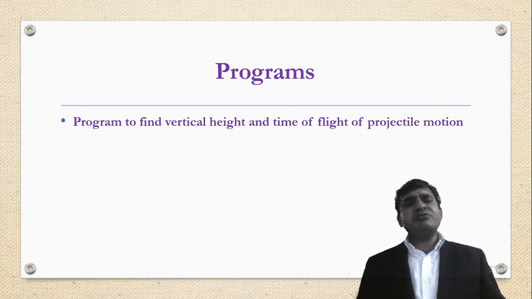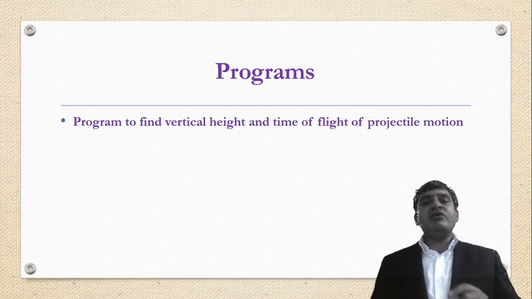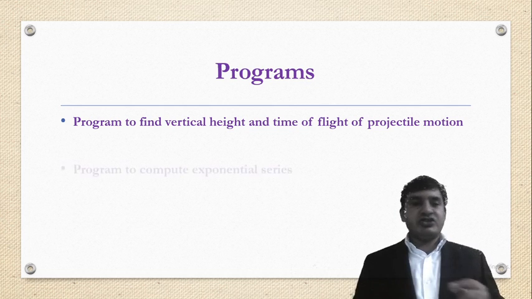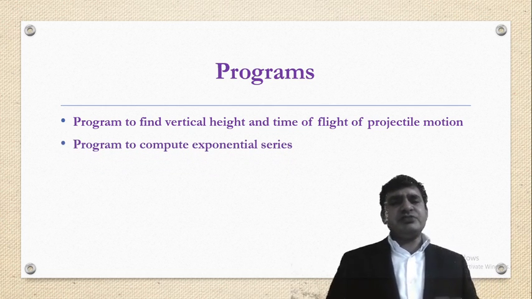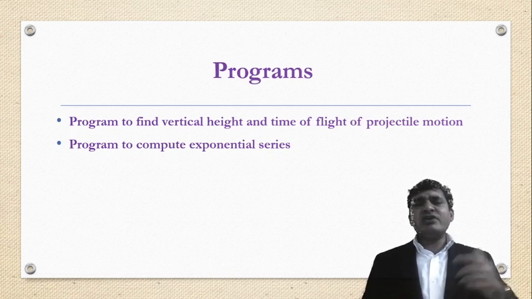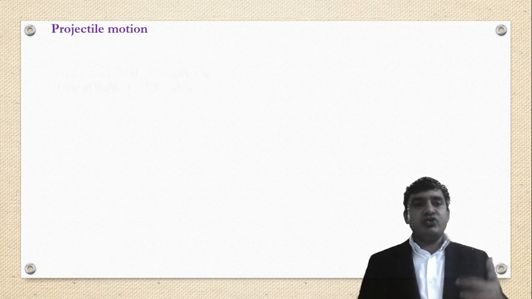So in this program we have to find the vertical height and time of flight of a projectile motion, and our second program is a program to compute the exponential series. So our first program is projectile motion.